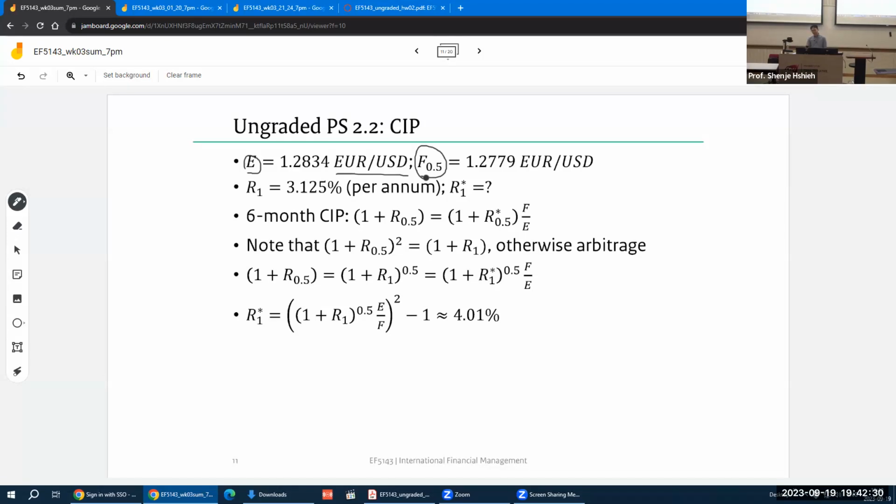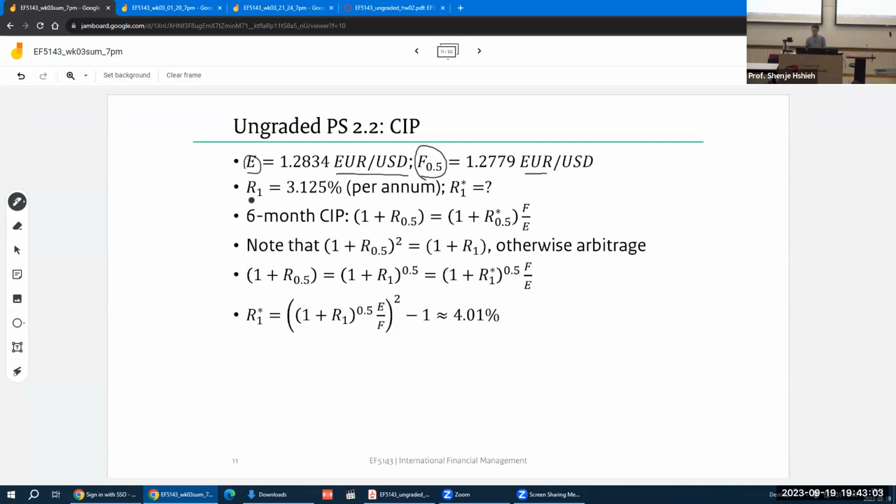It's the price of the currency you want to buy sometime in the future. And usually there's going to be an associated subscript here of 0.5, referring to the future time I'm going to buy this underlying currency. So F_0.5 refers to the future price of the euro at a price of 1.2779 US dollars. Okay. And 0.5 is 6 months, half a year.